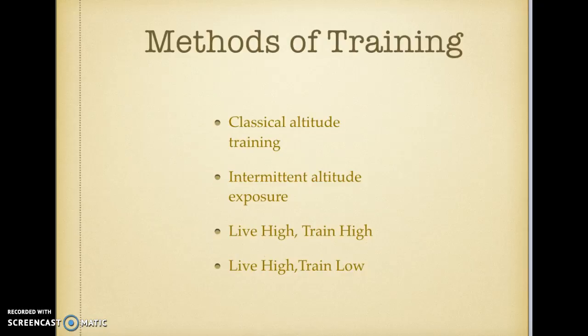Live high, train low is living at an altitude between 3,000 meters and 5,000 meters, and training can range from 500 meters to 2,000 meters. A lot of people do use that method of training as well.